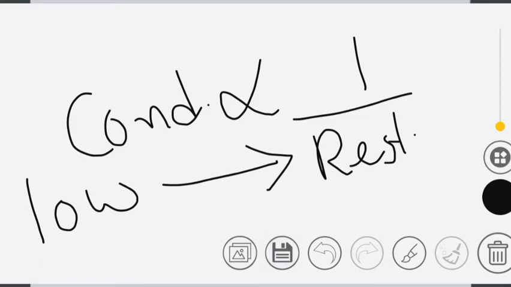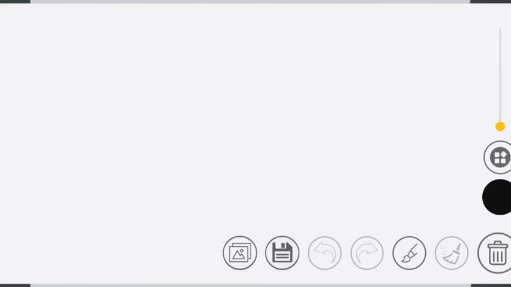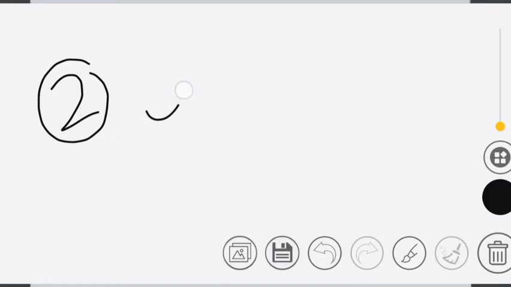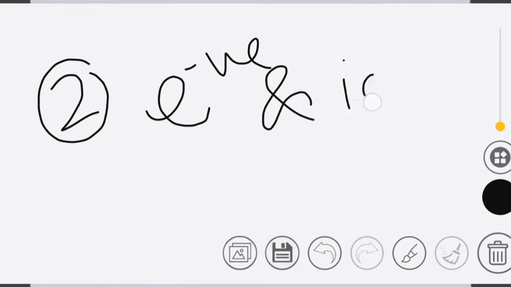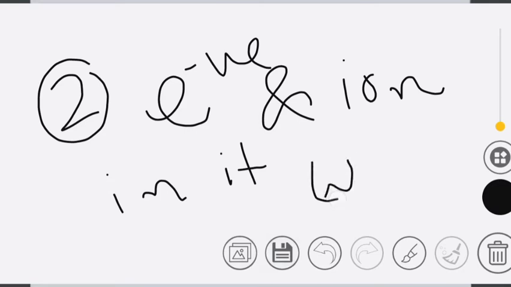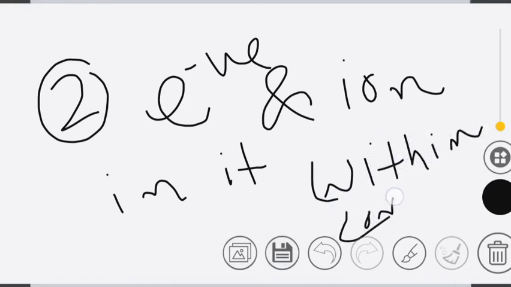Now the next property of a conductor is that it allows the movement of electrons and ions in it. In a conductor, electrons and ions can move easily, can flow easily, but within the conductor.